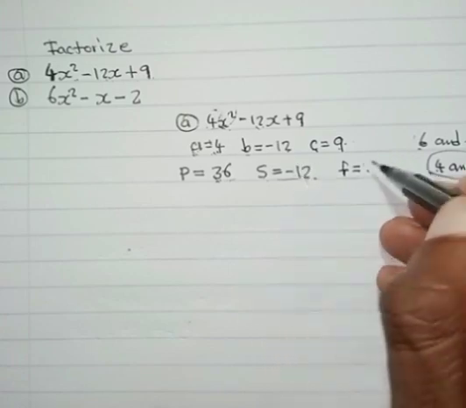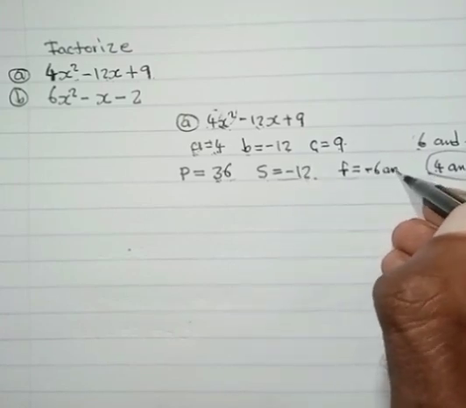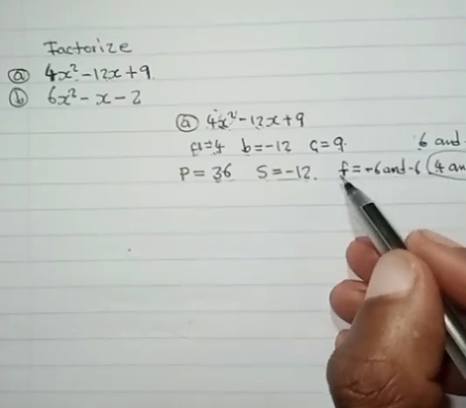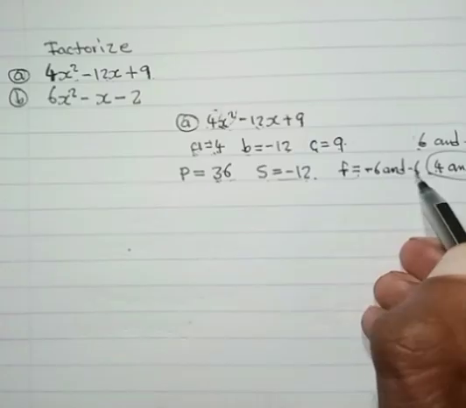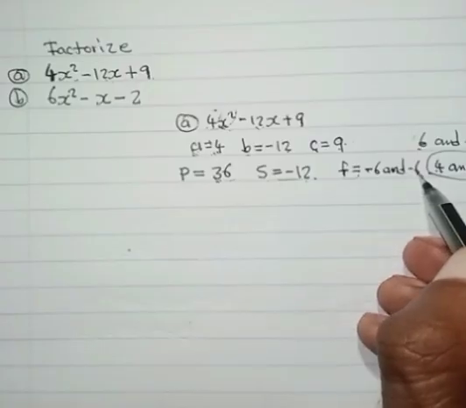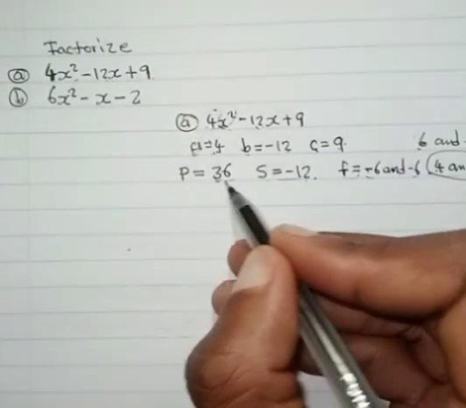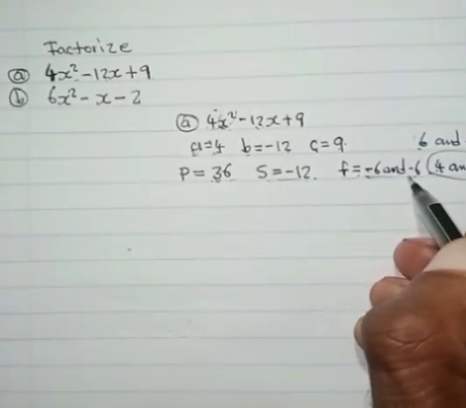We can only get negative 12 when we have negative 6 and negative 6. Why does this make sense? Negative 6 times negative 6, the answer is positive 36. Negative 6 plus negative 6, the answer is negative 12. So these numbers are working for P and S. So these are our factors.